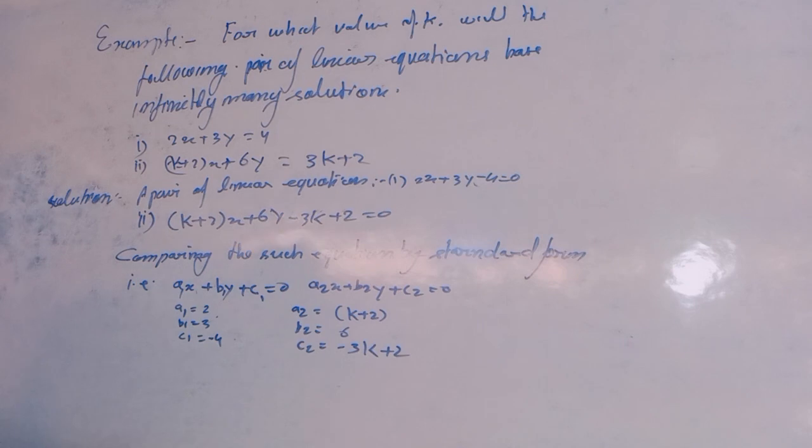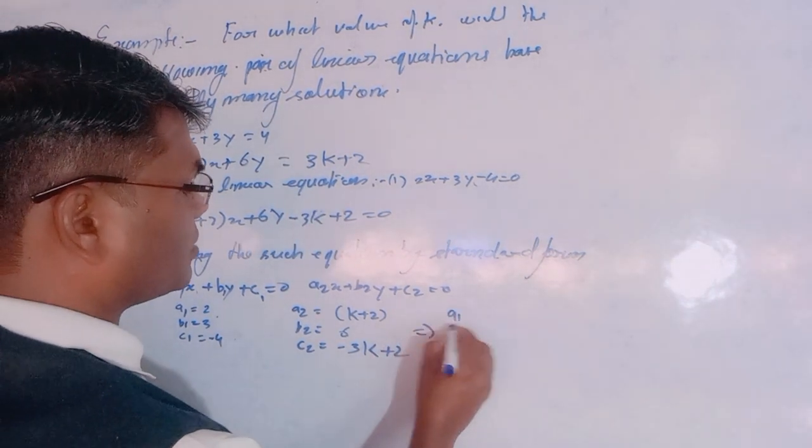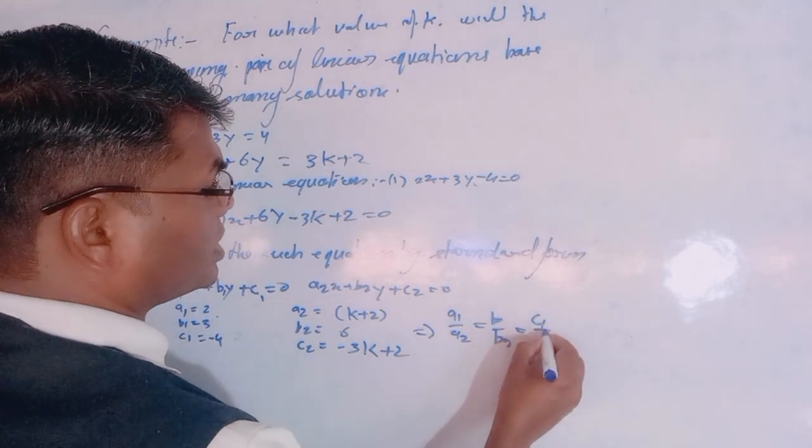Now for infinitely many solutions, a1 by a2 is equal to b1 by b2 equal to c1 by c2.